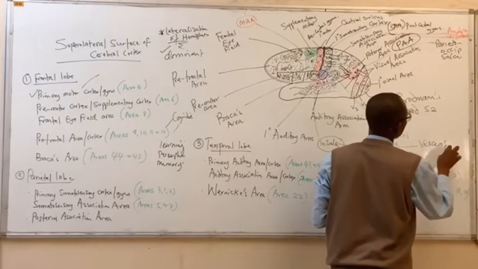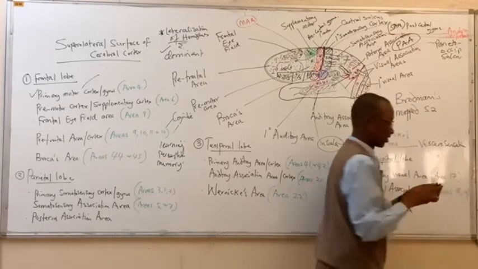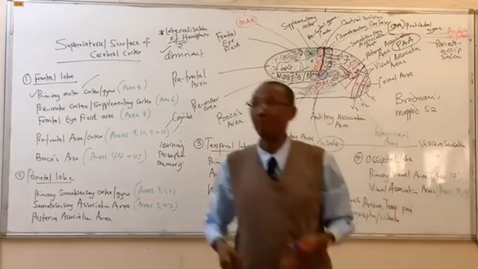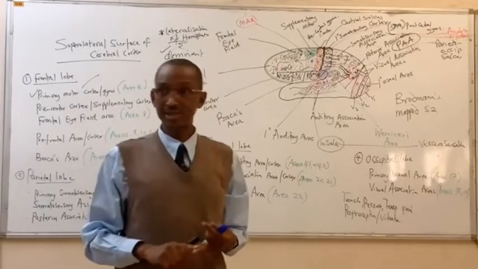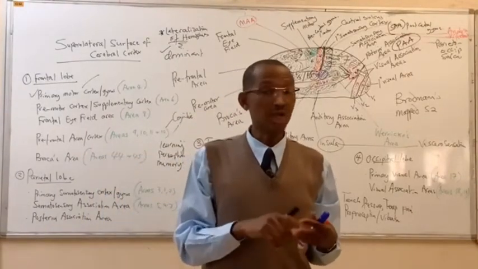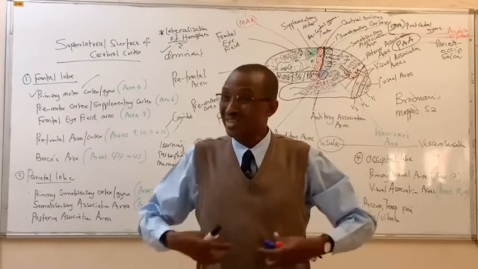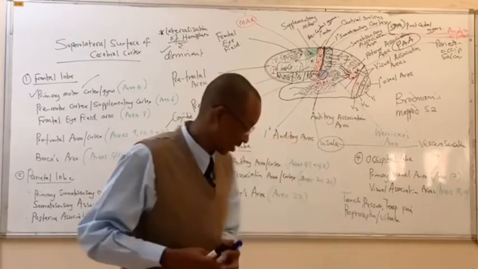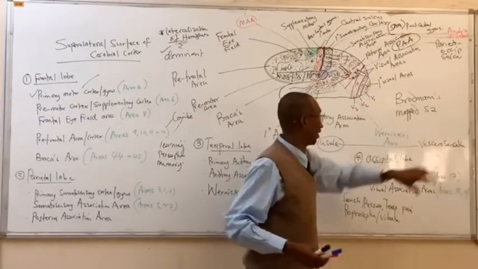Visceral what? Sensation. What do you mean by visceral sensation? That means sensation coming from our viscera, our lungs, our heart, our intestine, reproductive organs, and so on and so forth. All this sensation coming from inside us is received or perceived by the insula.